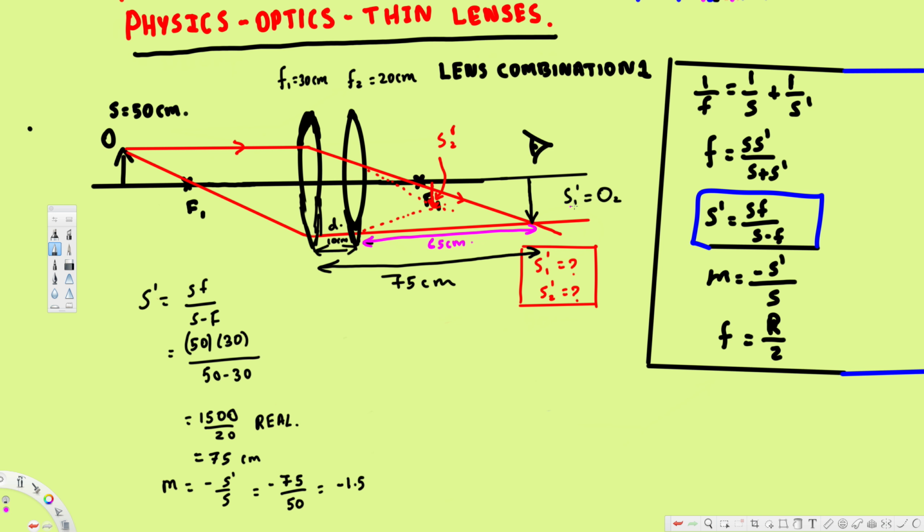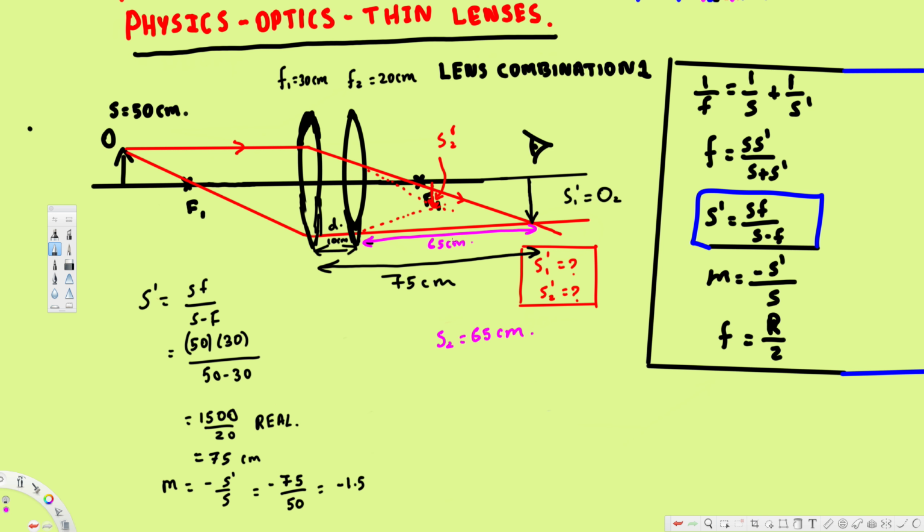So the object distance for the second lens is going to be 65 centimeter. So we can say S2 is equal to 65 centimeter, right? And also this is behind the lens. Since this one is behind the lens, this is the object, and for this one the object is in this direction, and for the first one we had it from the front side, that's why we had positive.